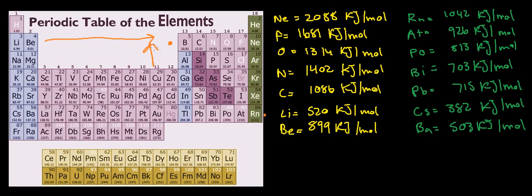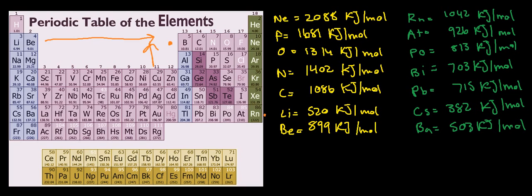The nucleus is unable to hold on to those outer electrons as well as these ones, because these ones don't have as many inner electrons shielding their valence electrons. These electrons would only have the 1s shell shielding them, whereas this one would have all of these 2s, 3s, 3p, 4p.